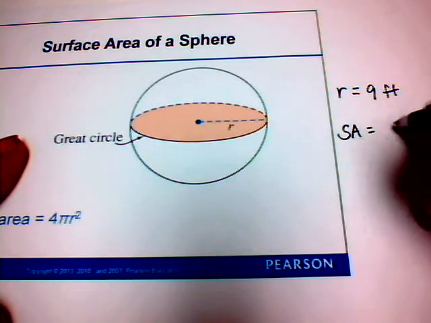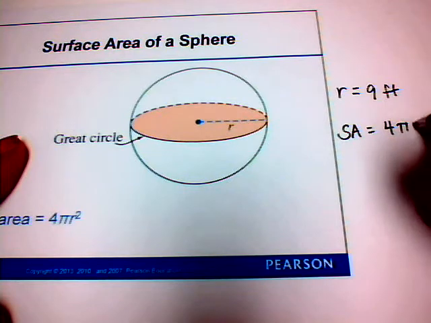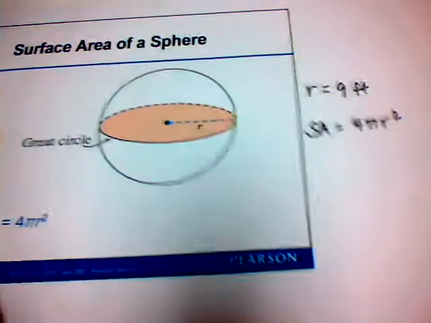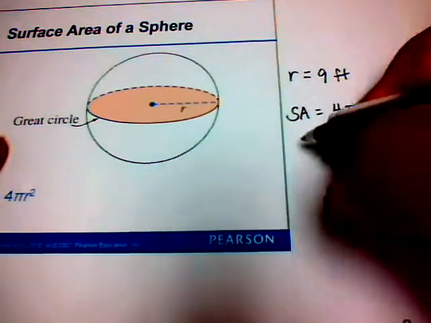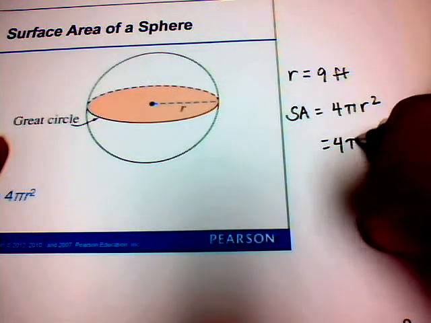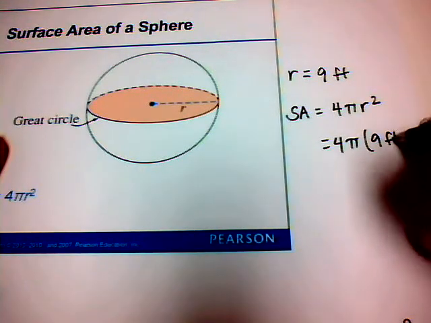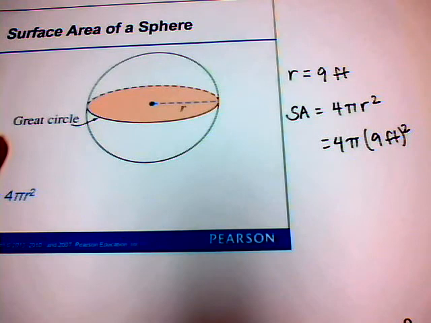So the surface area is simply 4 pi times the radius squared. That's the formula. So in this case, we have 4 pi times 9 feet, and that's squared. 9 feet squared is 81 square feet.